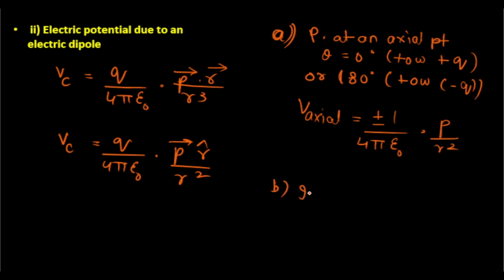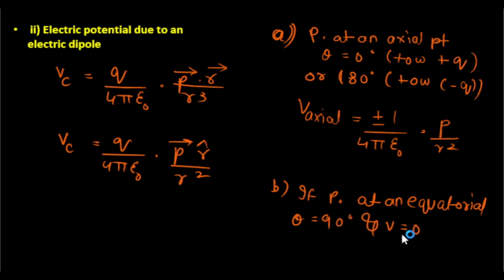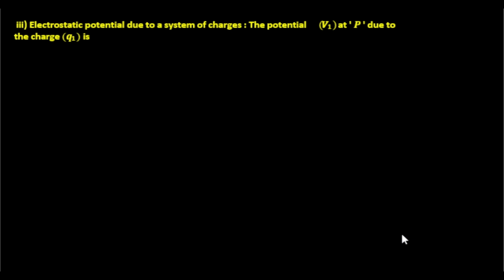Case B: potential at an equatorial point. Theta is 90 degrees and V is 0. Now, electrostatic potential due to a system of charges.